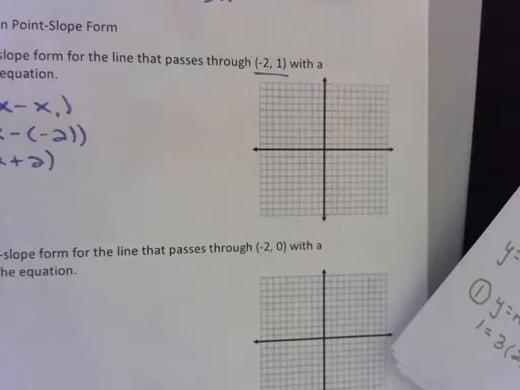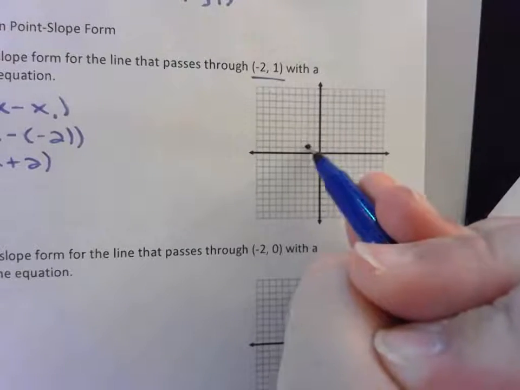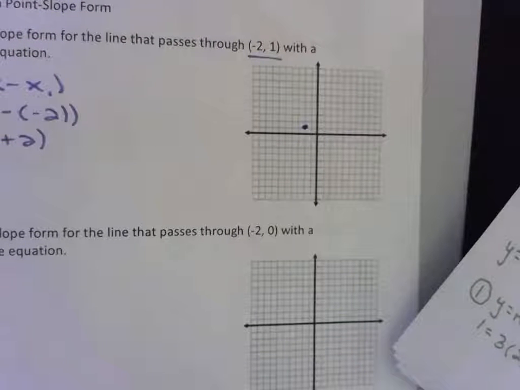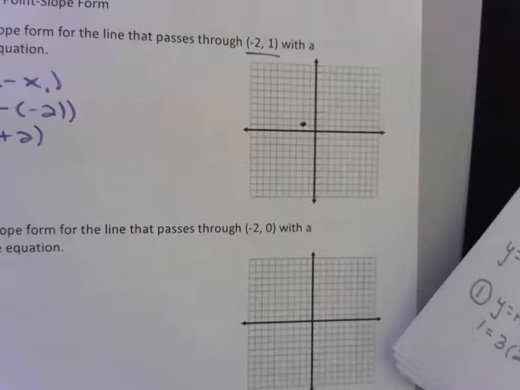Go down 2 and up 1. Go over 2, down 1. Left 2, up 1. Because negative 2 is my x value, so I go left 2, up 1. And then how do I get my next point? Okay, how do I do it? Down 6, right 1.